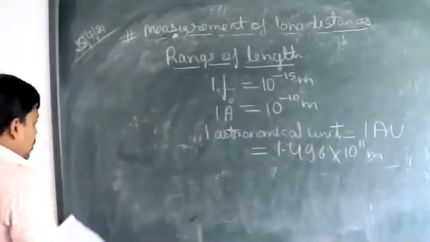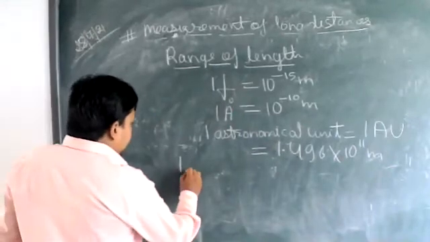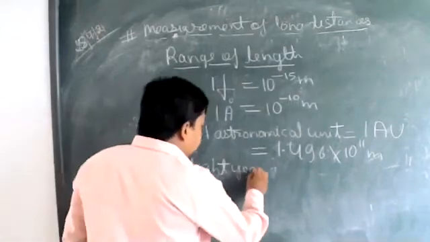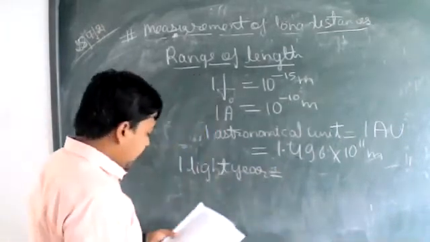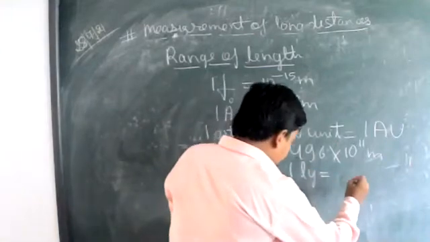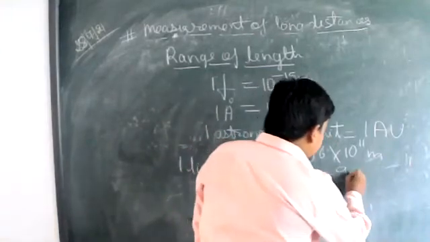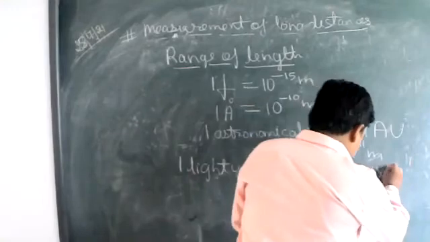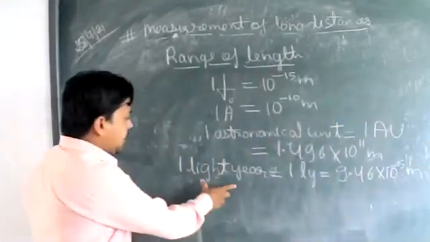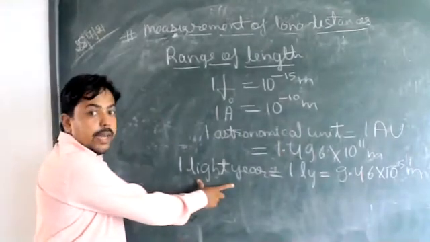Similarly, if someone asks you how much is 1 light year, also represented as 1 Ly, it comes out to be 9.46 into 10 to the power 15 meters. This is the distance traveled by light in 1 year.